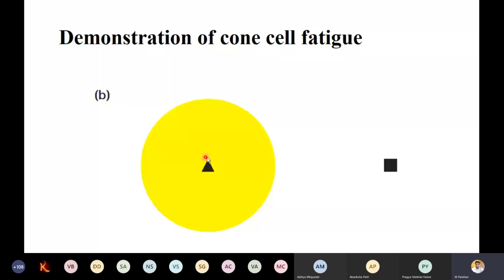Just gaze at this particular triangle for 30 seconds. After 30 seconds, move your eyeball towards the square. You will get a certain color. That color you put in the chat box. We'll try now.